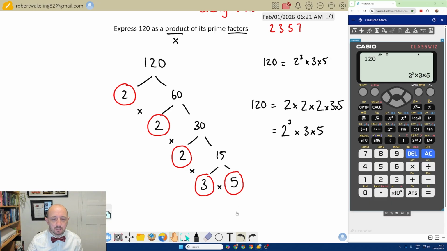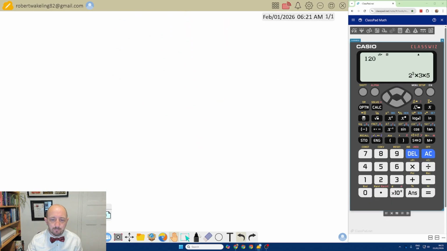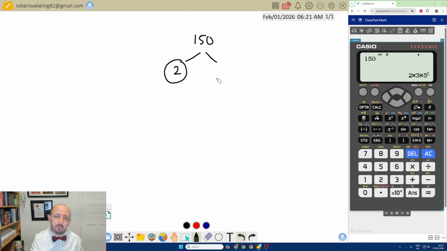Okay, let's do one more example. Let's do 150. I'm going to get the answer straight away off my calculator first, because this gives me the framework for my cherries, because I know I need a 2 first. That would go with 75, so 2 times 75.